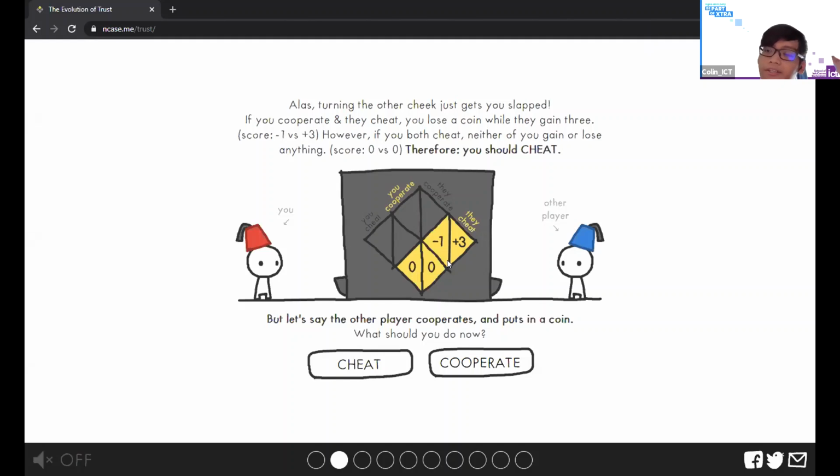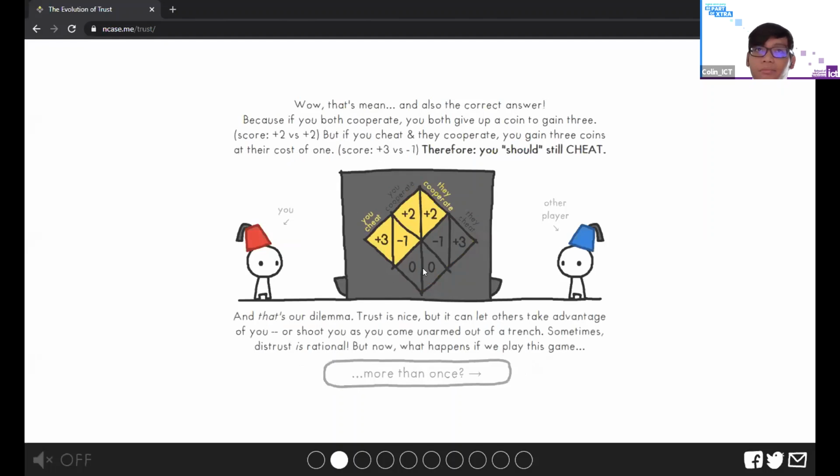However, if one of the players decides to cheat, for example this guy with the blue hat, he will gain 3 coins, whereas I, who decided to cooperate and got cheated, will lose the coin that I just threw into the machine. It's similar for the other player. However, if both decide to cooperate, both gain, so both +2.